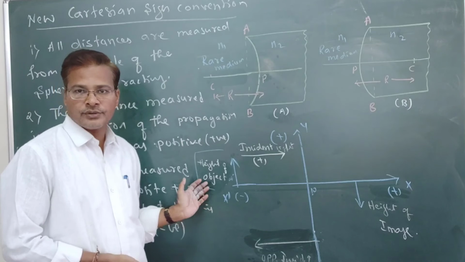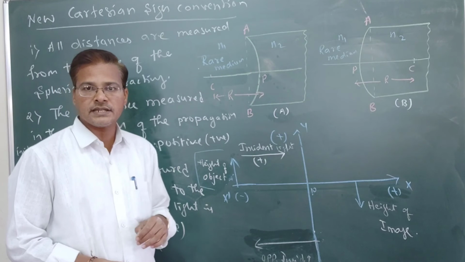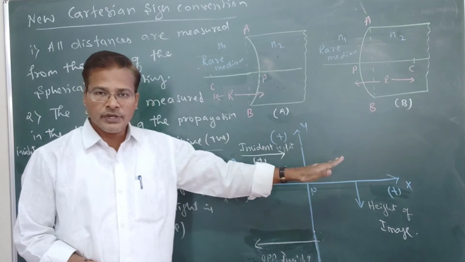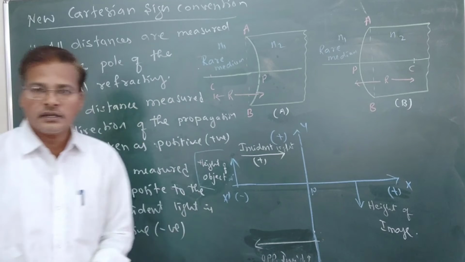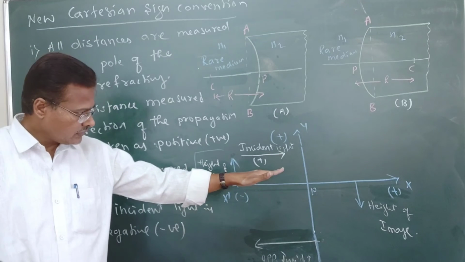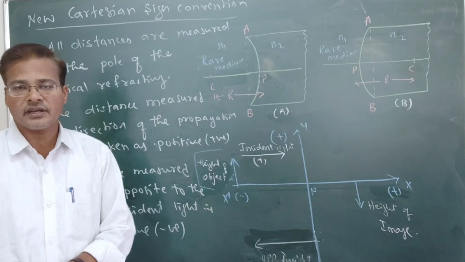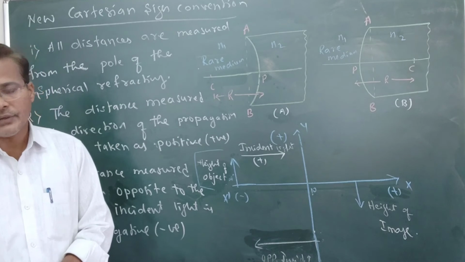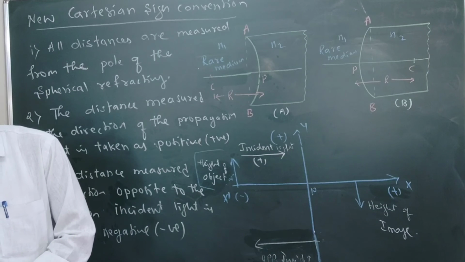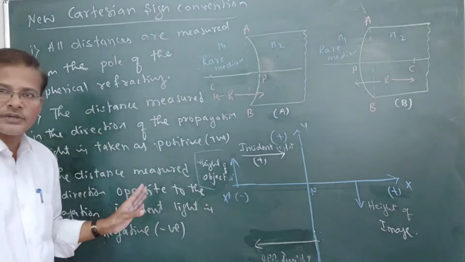Transverse means perpendicular to the principal axis; upward is positive. Perpendicular to the principal axis, downward, is taken as negative. So this is the fourth and fifth point we understood.